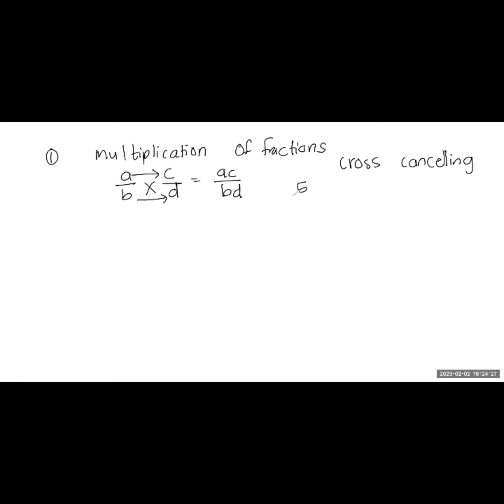We said 5 over 16 times 4 over 15. 5 goes there once, 5 goes there 3 times, 4 goes there 4 times, 4 goes there once. That simplified the fraction, and then we went straight and we got 1 over 12. So when do we cross cancel? Only over multiplication.